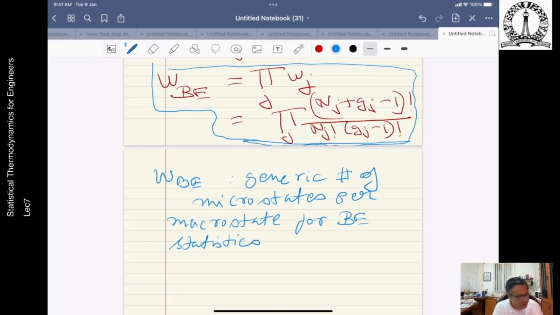So you got the point. These are indistinguishable particles. They are identical, and this is how they can be distributed in Gj containers, where there is Nj number of particles in energy level j.